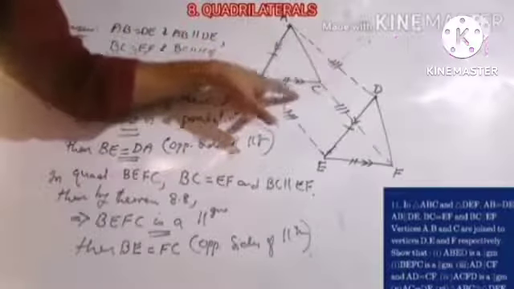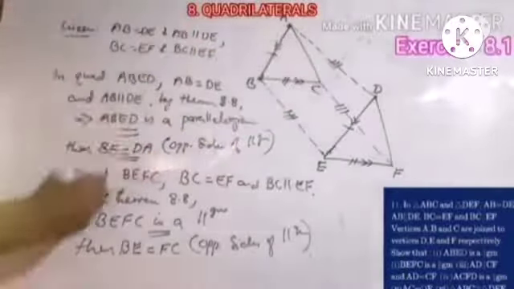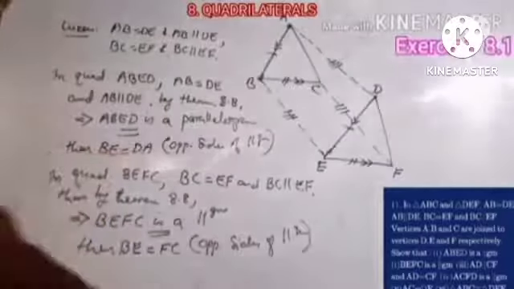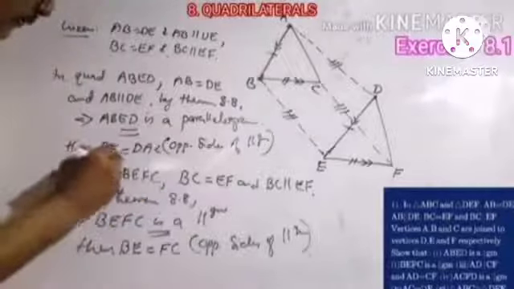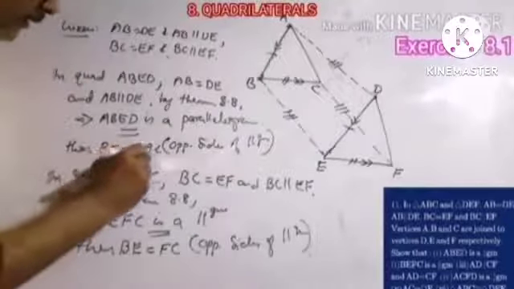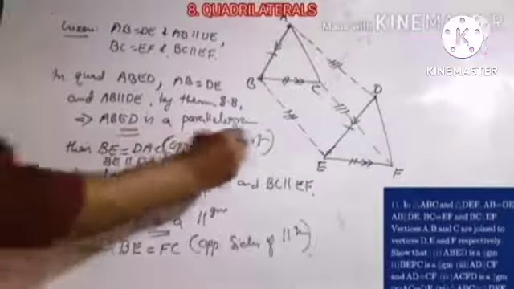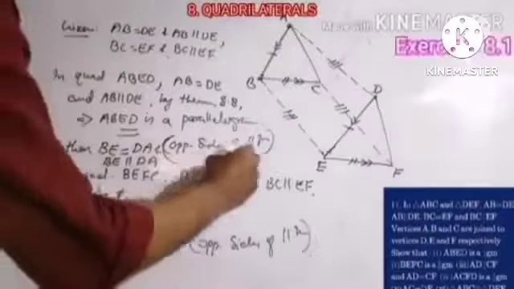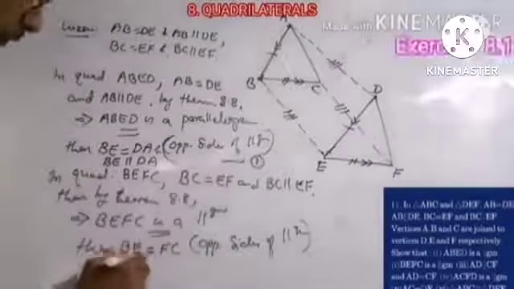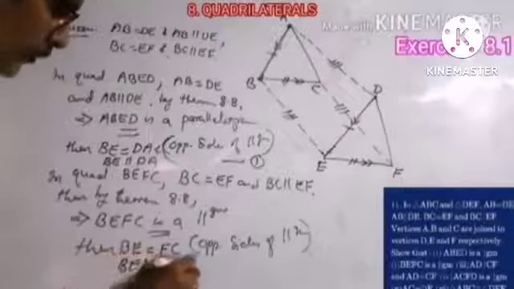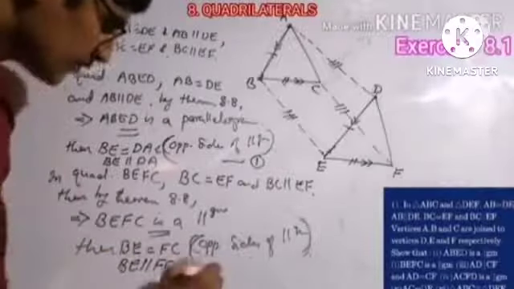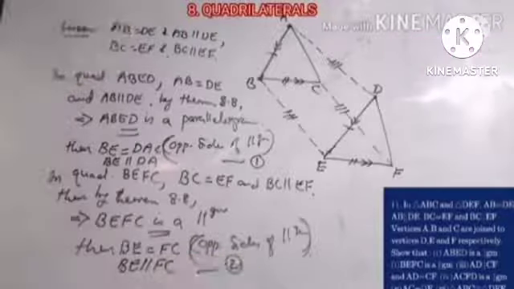In a parallelogram, opposite sides are equal and parallel. Reason: opposite sides of a parallelogram. That will be equation number 1. And BE parallel FC. Reason the same. Let it be equation number 2.